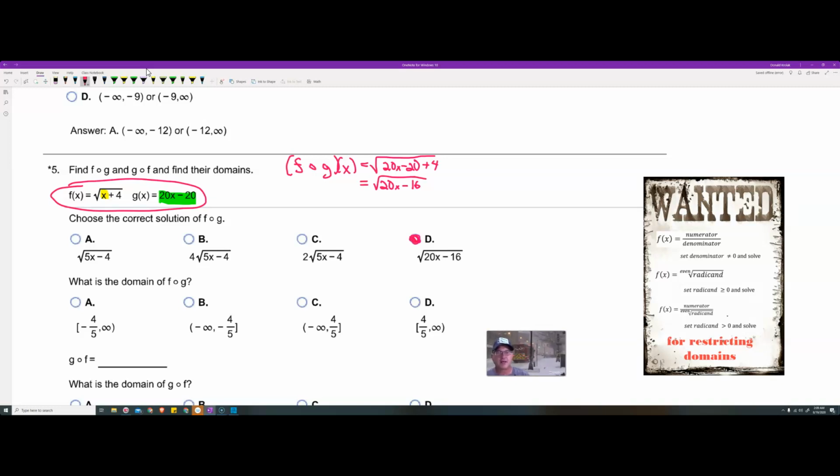And now to do g of f, I just reverse those. So now I'm going to take f and put it into g. f is going to be my green function, and I'm going to plug it in for that x right there.